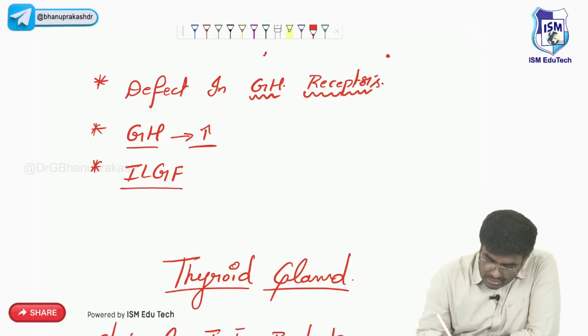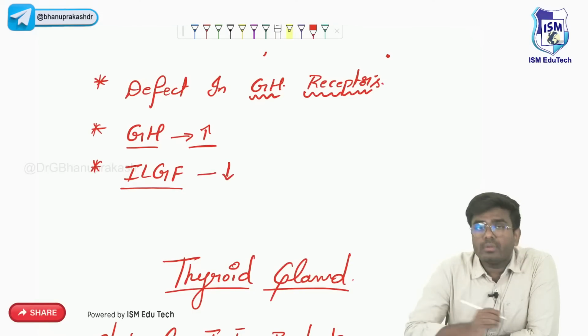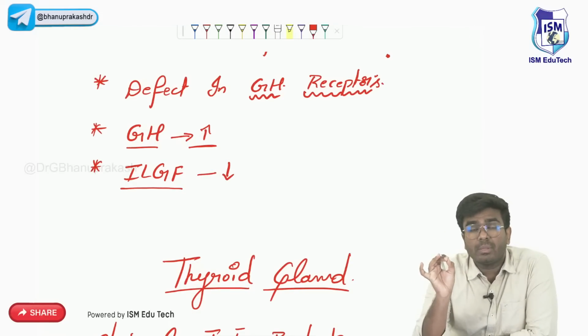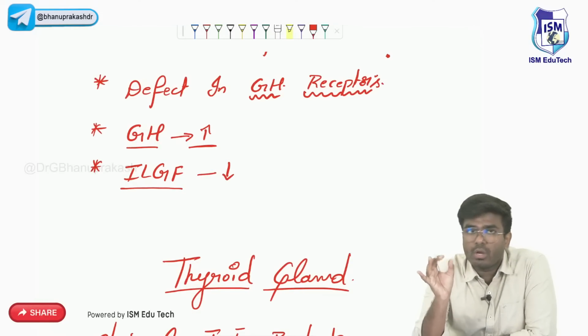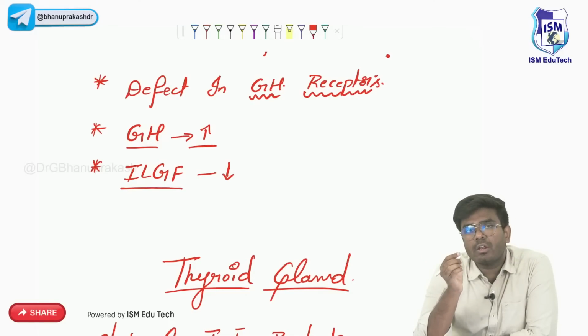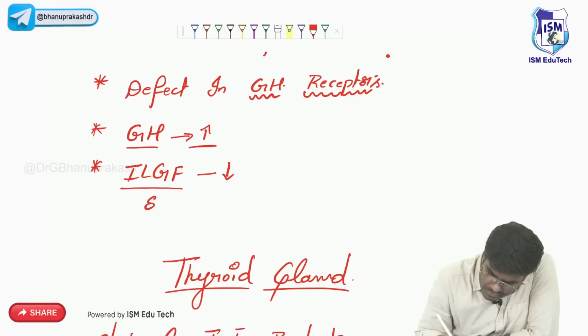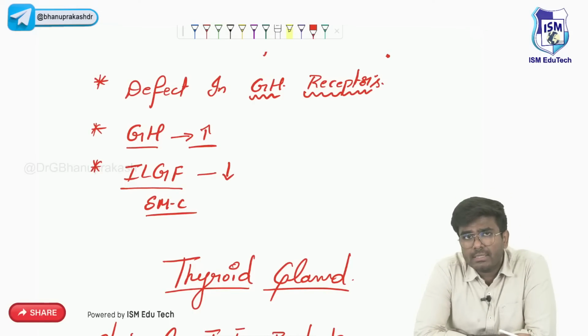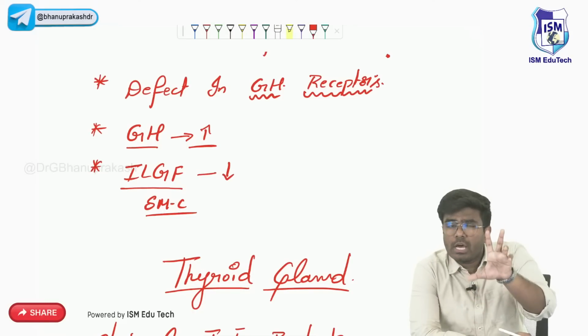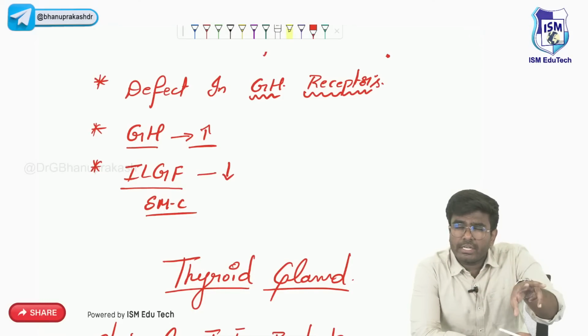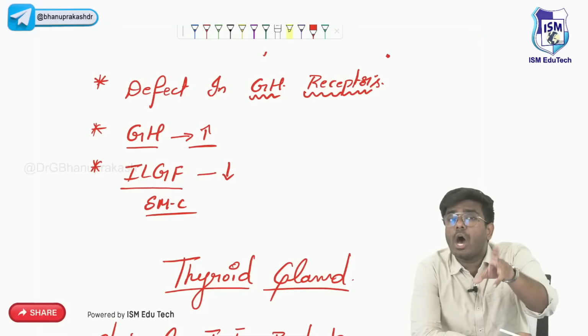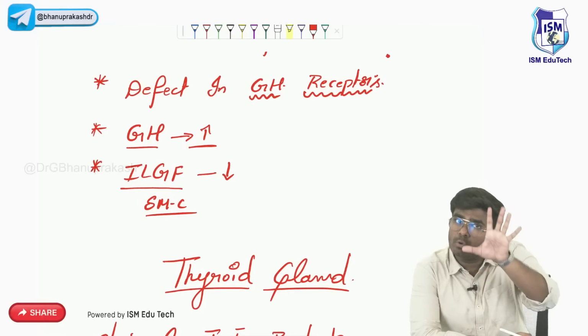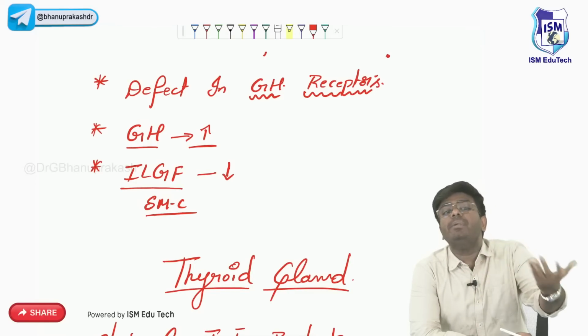But if you look at the levels of IGF, in a question if you see IGF levels are low, definitely the examiner is asking you about Laron dwarfism. Why are the IGF levels low? IGF is nothing but somatomedin C. I have already explained, growth hormone when it acts on the liver will be converted into insulin-like growth factor or somatomedin C. Now here growth hormone is there, but the receptors are not functional.